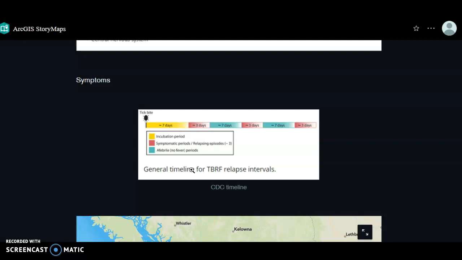These symptoms can reoccur, disappear, and then reoccur several days later. So you can see 7 days incubation period where they'll be symptomatic for 3 days, 7 days off, 3 days on, 7 days off, 3 days on again. This can easily be treated with antibiotics.